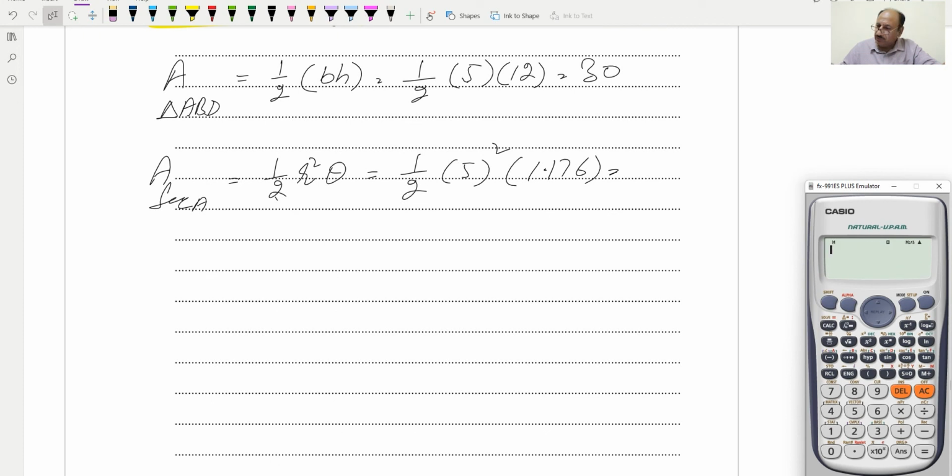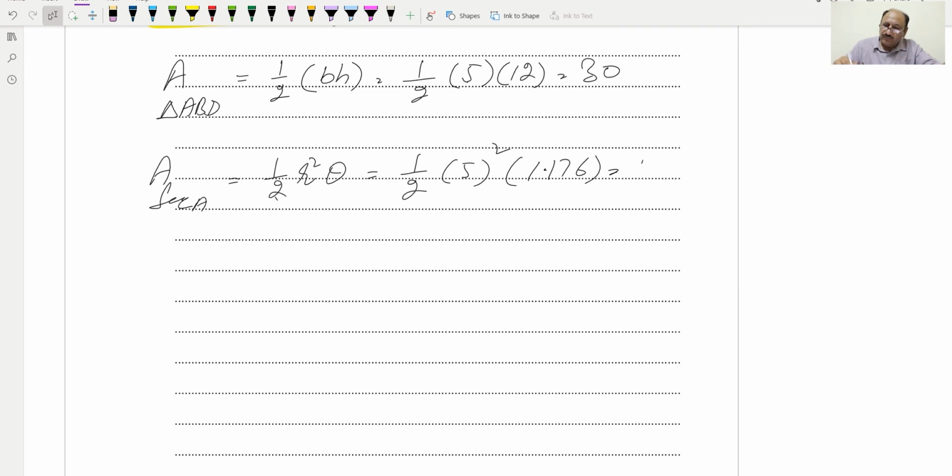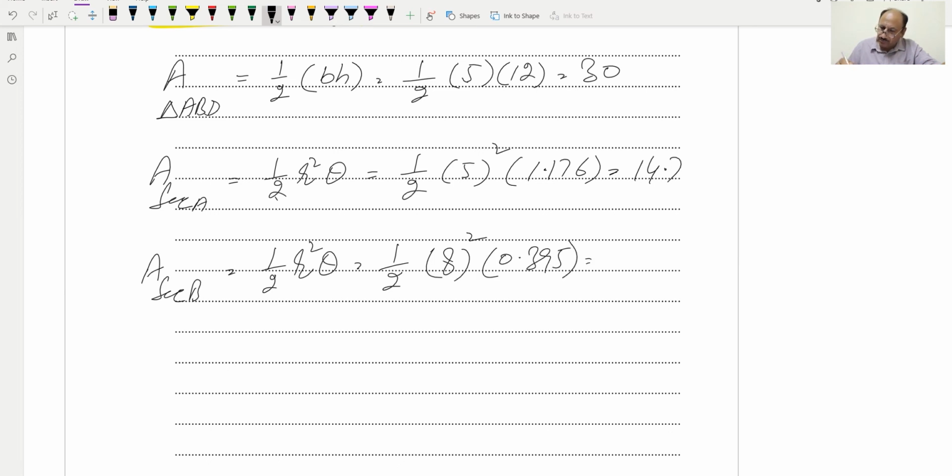So this will be 0.5 into 5 squared multiplied by 1.176, and this is equal to 14.7 units. And the area of sector B will be equal to again 1 by 2 r squared theta, where r value will be 8 squared, and theta we calculated as 0.395.